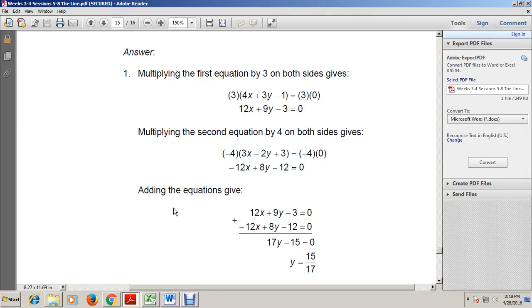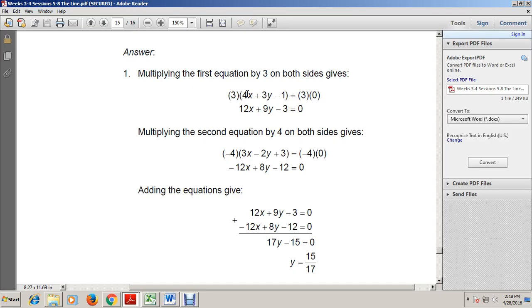In this example, it was chosen that x would be eliminated. The coefficient of x in the first equation is 4, and in the second equation is 3. To make the coefficients the same for both equations, we have to look for a multiplier such that the coefficients become equal.